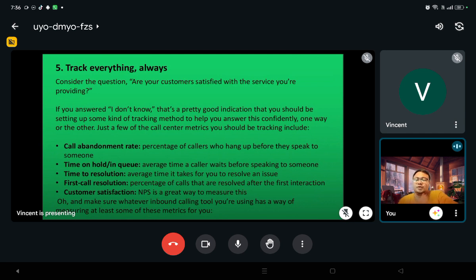If the customer calls again about the same concern, the previous call will not count as first call resolution, because the agent didn't resolve the issue.